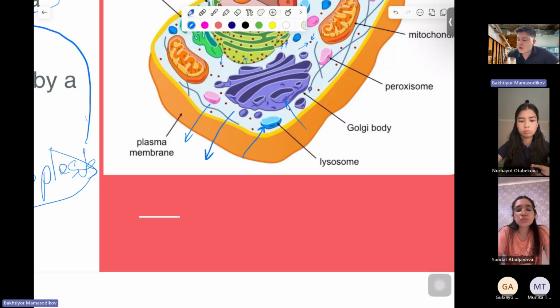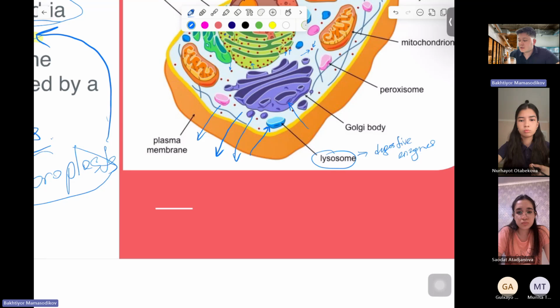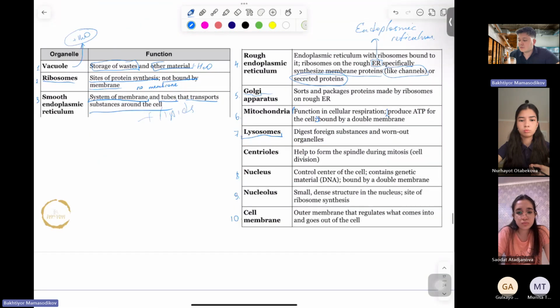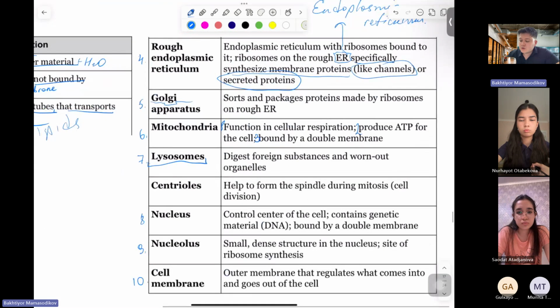First of all, they digest, because in the lysosomes we have digestive enzymes. Through these digestive enzymes, they kill bacteria and viruses and also the old organelles, and remove them. This is the function of the lysosome. And don't touch the centrioles yet; we don't need them for now. We will learn them during mitosis.